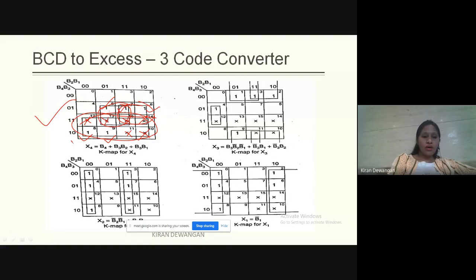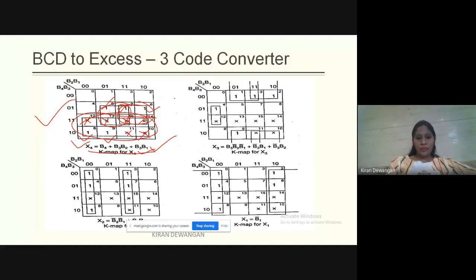So that is the option, that we form a octet first, then we check for quad. If the quad formation is not possible, then we go for pair. ठीक है. So here we are having one octet and two quads. So we can easily write the expression for it using K map. So we have got B4 plus B3, B2 plus B3, B1.